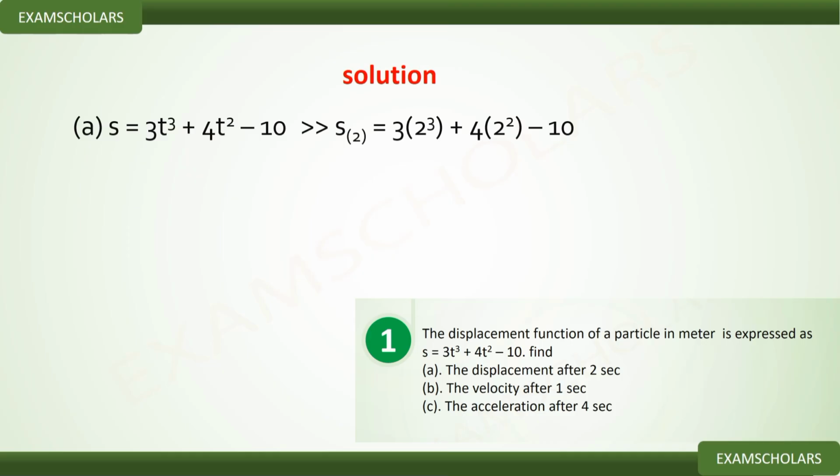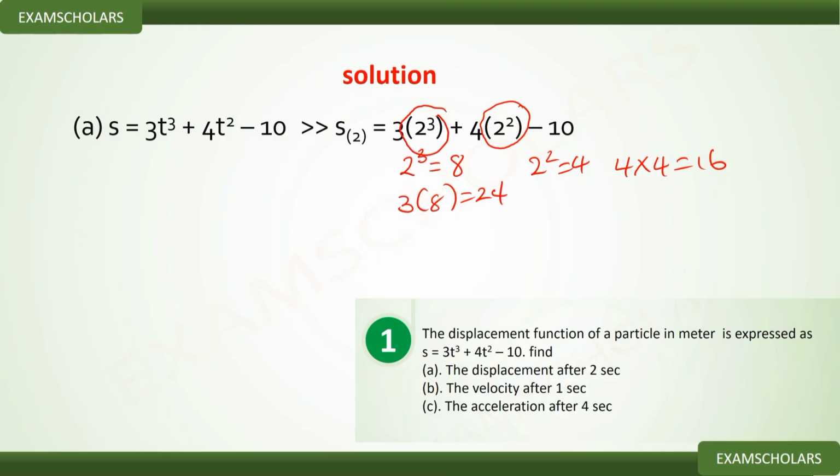Here you have 2 raised to power 3 equals 8. When you multiply 3 by 8, you have 24. Now here you have 2 raised to power 2 equals 4. You now have 4 times 4, which is 16. Let's combine everything together: 24 plus 16 minus 10.